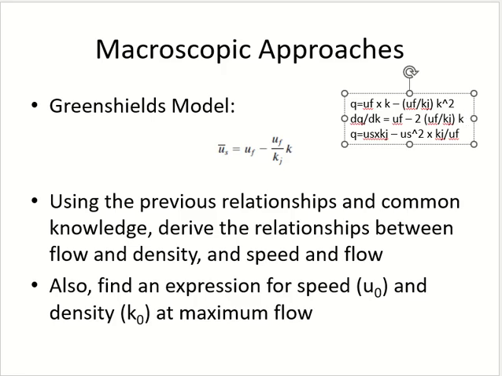When the curve reaches maximum, the slope becomes what? 0. So this is the slope, right? So this becomes 0. If this whole thing is 0, then what is k? Let me write it here. So UF minus 2 into UF upon Kj into K becomes 0.